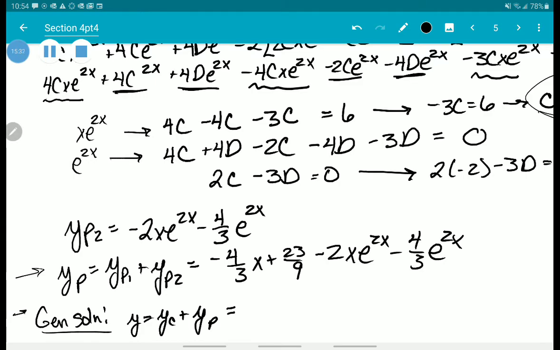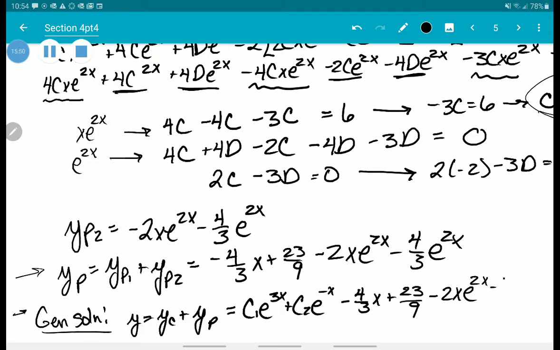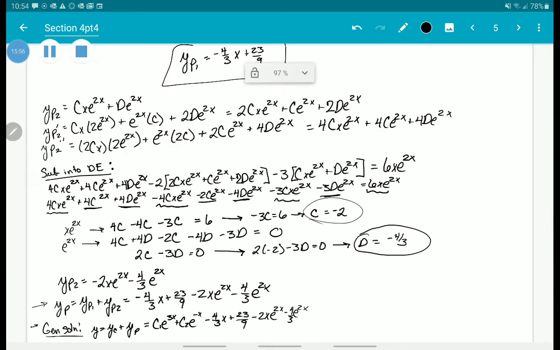So our final solution is the complementary plus that particular. So there's our final solution for this problem.